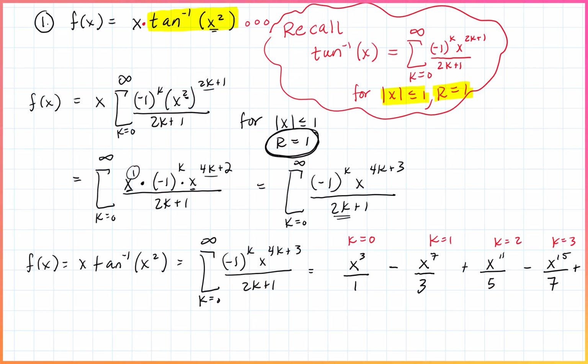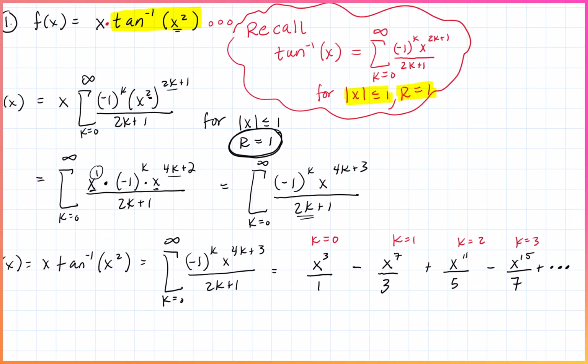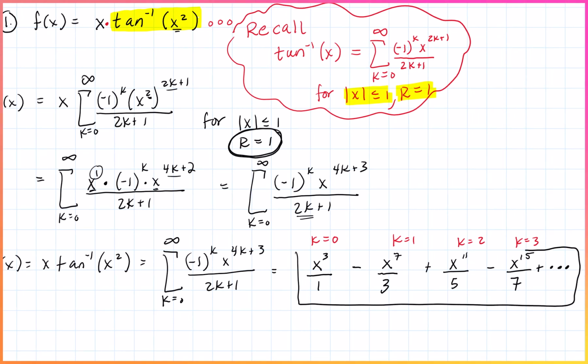Now, of course, those continue, but we were just asked for the first four non-zero terms. So I'll put the dot, dot, dot, just to indicate that that does, of course, continue. But those are my first four non-zero terms.